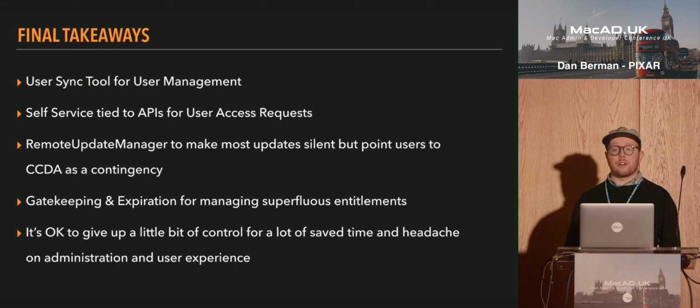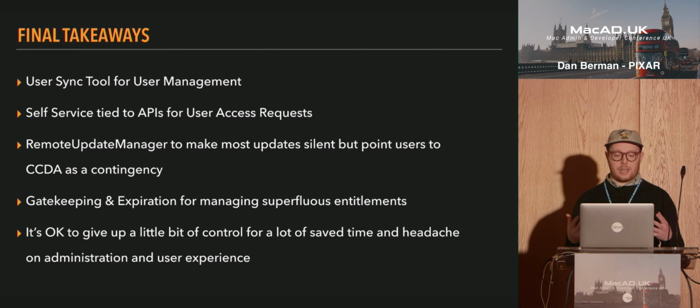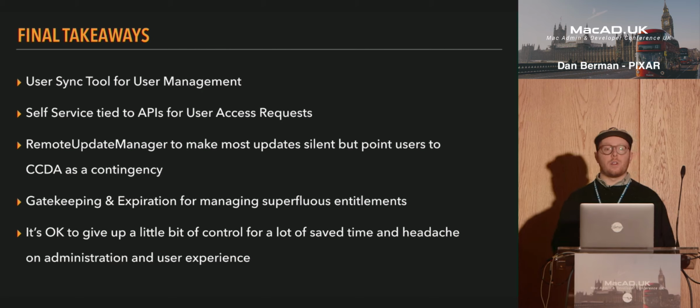Gatekeeping and expiration are great for automatically managing your entitlements and making sure that you're not using more than you need. And in the end, the big takeaway for us is that we're okay giving up a little bit of deployment control if it means that it saves us a lot of time and headache, both for us as admins and for our users.